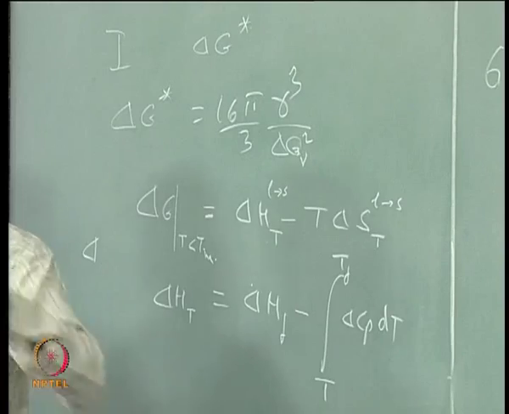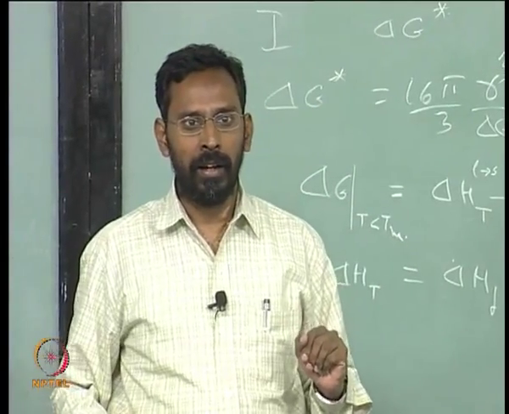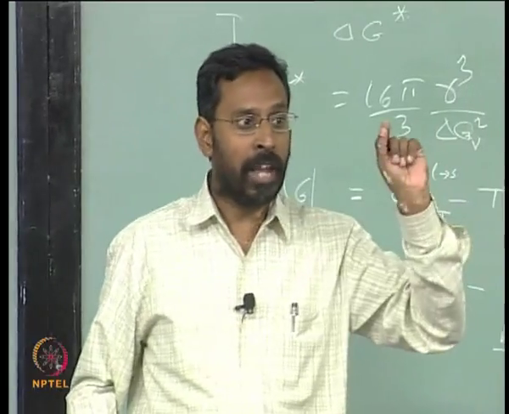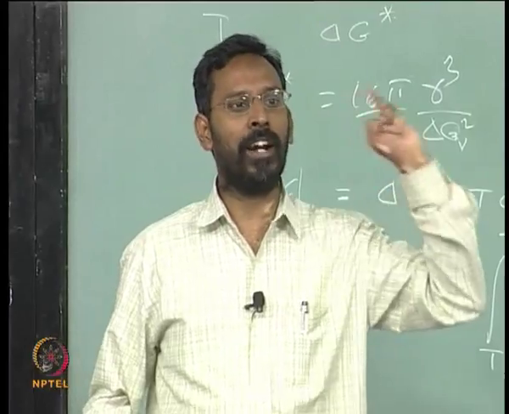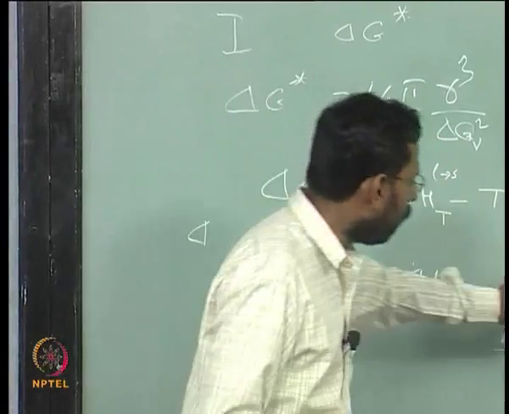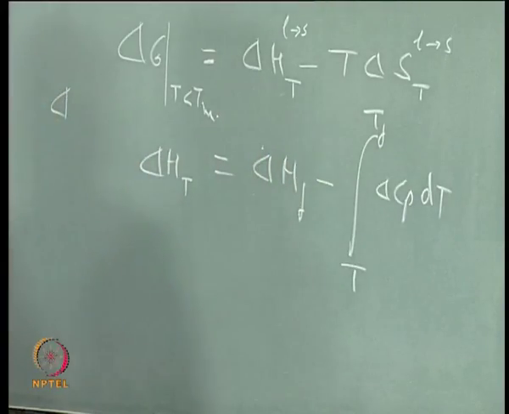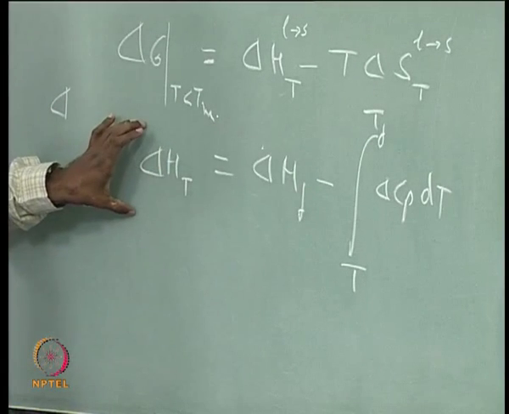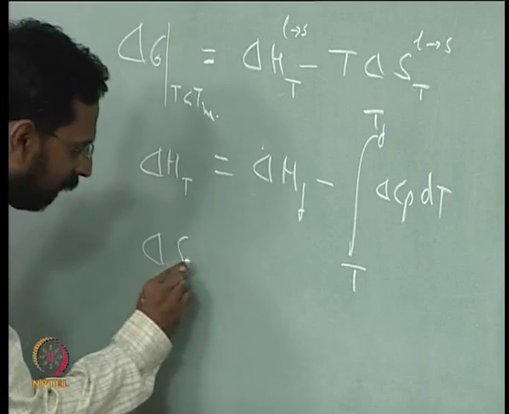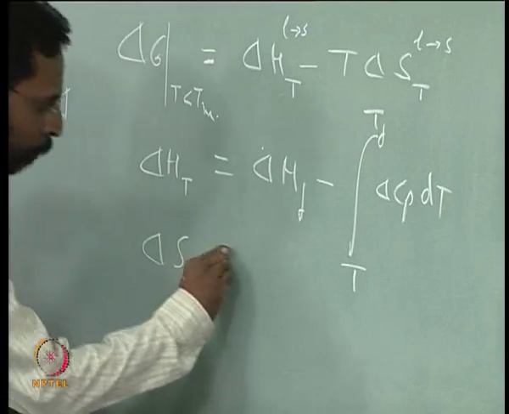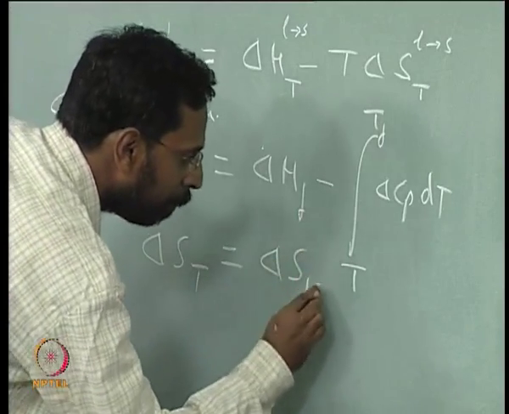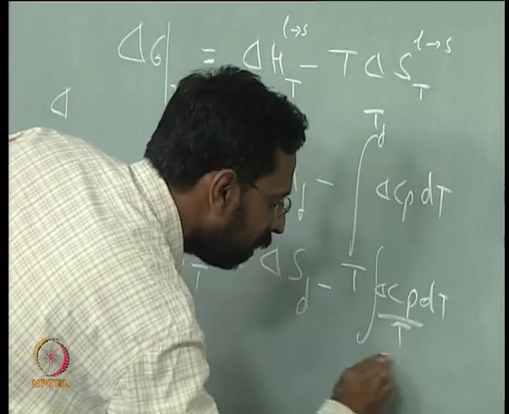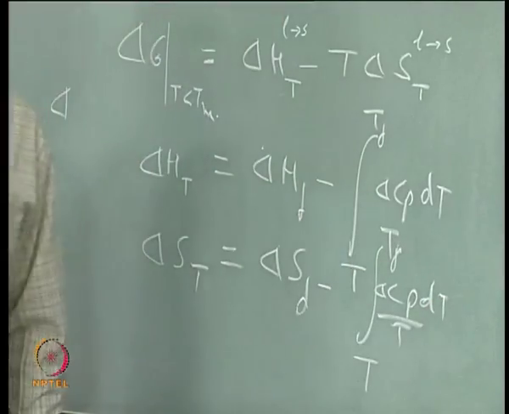That means, if I can have an expression of heat capacity as Cp equal to A plus BT plus C T to the power minus 2, and if I know these A, B, C constants for both liquid and solid, in principle I can plug that in, simply do the integration, and get this value. Similarly, I can say delta S at T can also be written as delta SF minus the integral of delta Cp dT by T from T to Tf. Am I right?